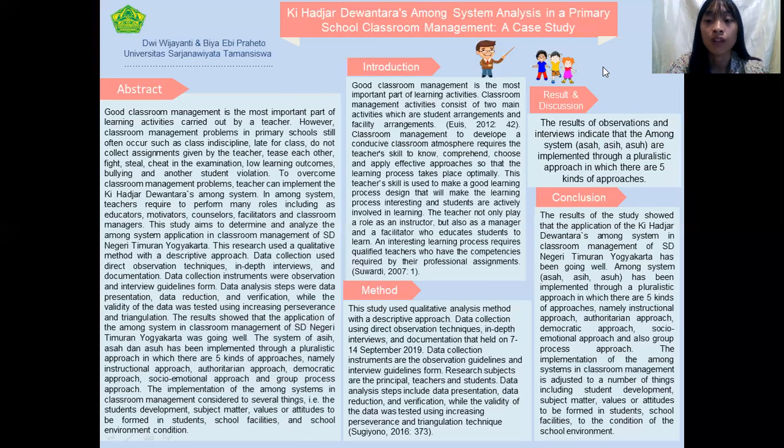The implementation of the among system in classroom management is adjusted to a number of things, including students' development, subject matter, values or attitudes to be formed in students, school facilities, to the condition of the school environment.